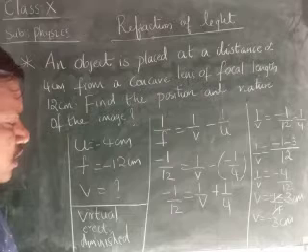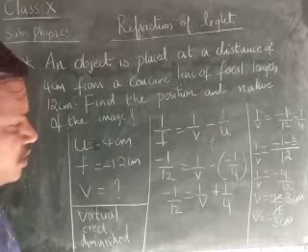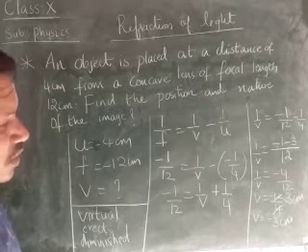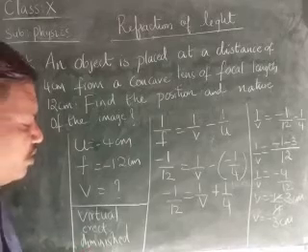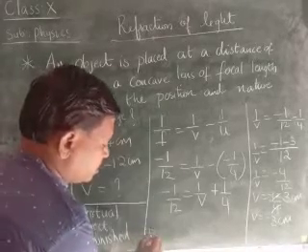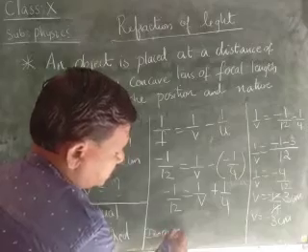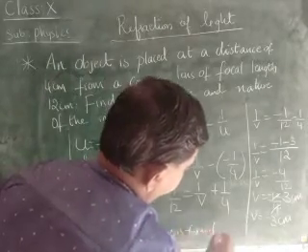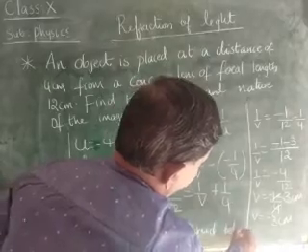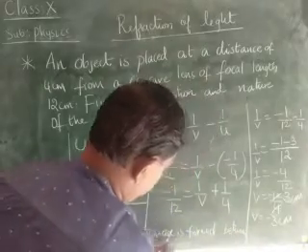Virtual it forms, erect it forms, and diminished image. Virtual, erect, diminished image is formed between F and O.